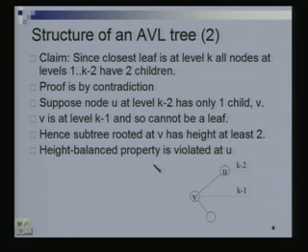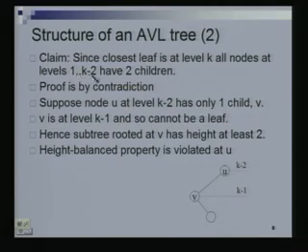The height balance property is violated at node u. So every node on levels 1 through k minus 2 has to have 2 children, right? At level k minus 1, however, there can be nodes with only one child. Everyone understands that?